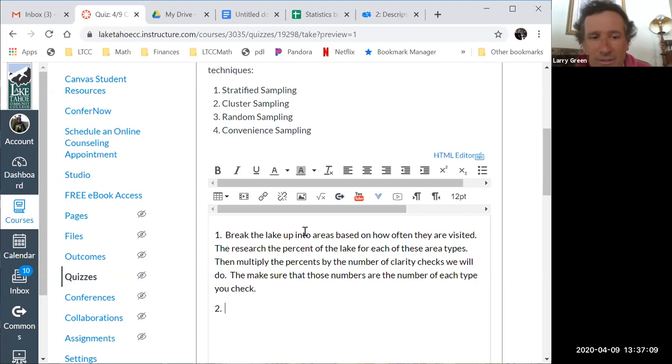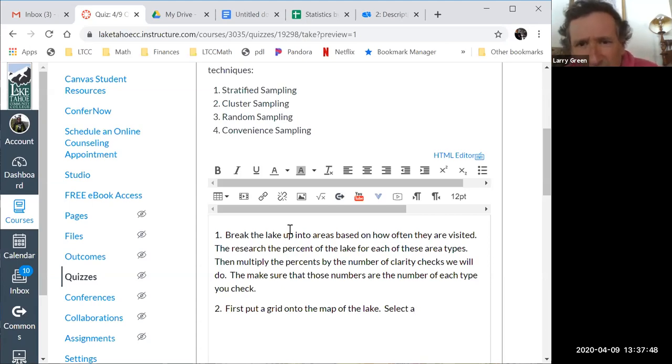And then what you're going to do is, let me write this down. So first, put a grid onto the map of the lake. And then what we're going to do is select a representative number.